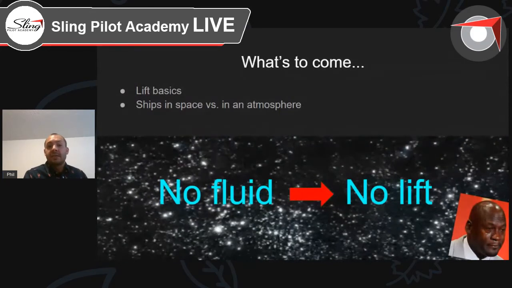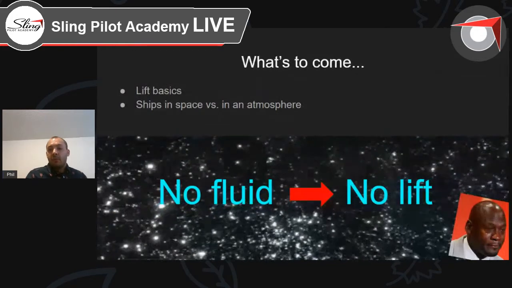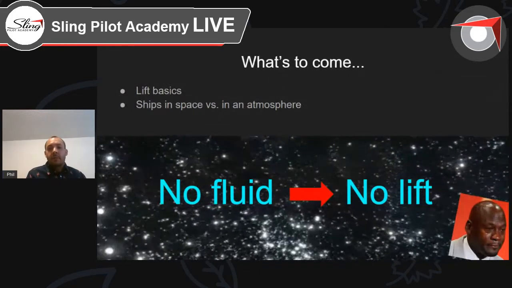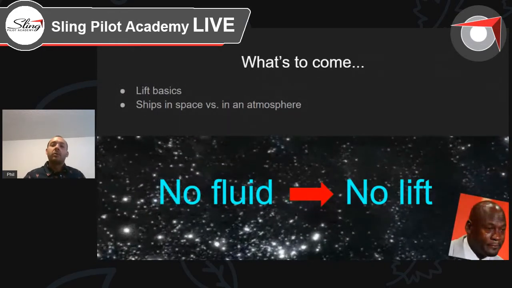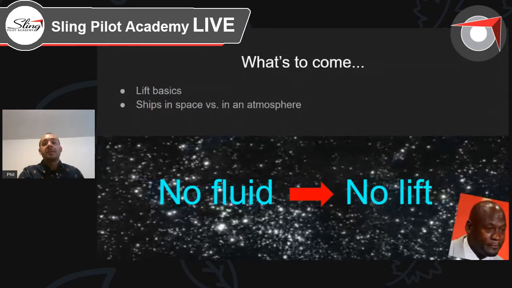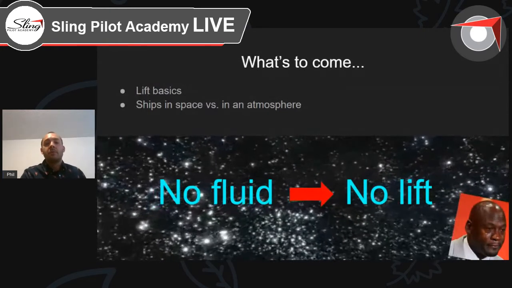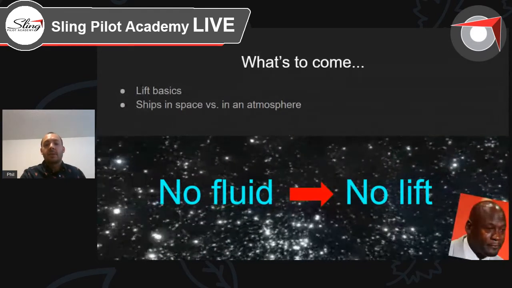Without a fluid, there's no sound either. Sound is the movement of waves of compressed molecules through a medium, and if you don't have that medium, you can't move anything. That's what lift is too, essentially just the movement of air. So I just want to touch on that and clarify the kind of spaceships we're talking about.